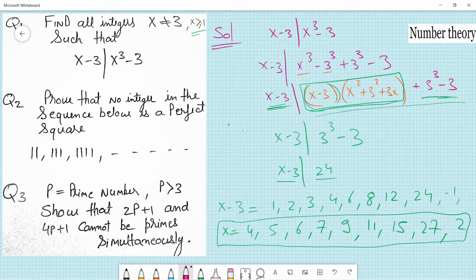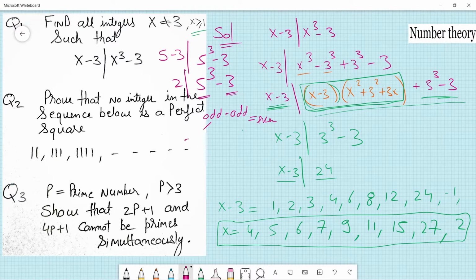You can try for some numbers just to verify. Try to take x equals 2, or it will be too trivial. Take x equals 4. So 4 minus 3 divides 4 to the power 3 minus 3. 4 minus 3 is 1, so again it is too trivial. Let's take 5. 5 minus 3 divides 5 cube minus 3. Now as we see, 2 divides 5 cube minus 3. This is odd and this term is odd, and odd minus odd is even.